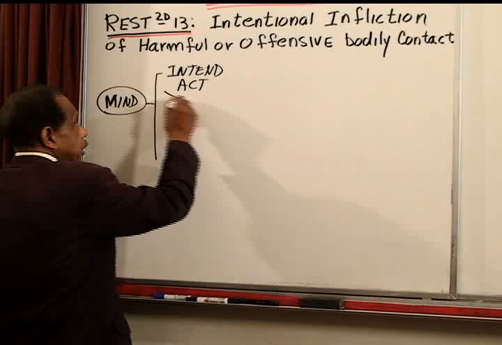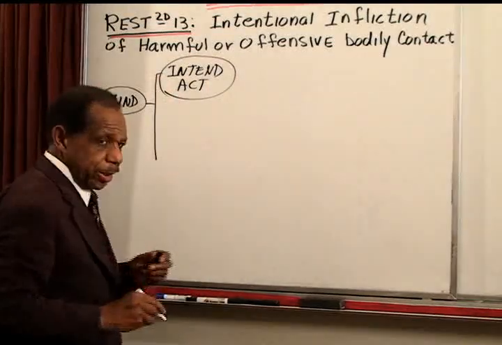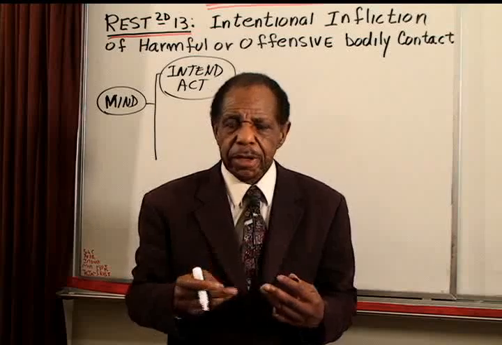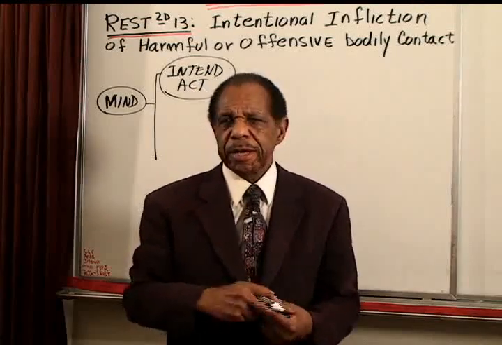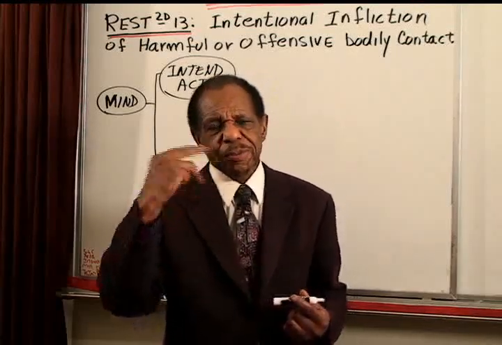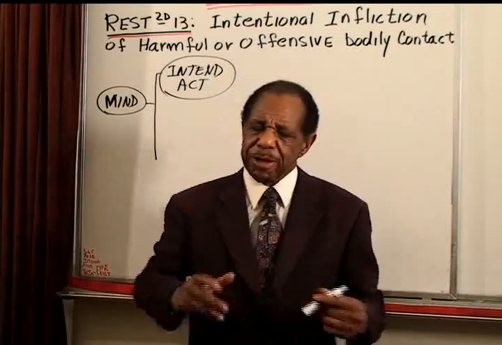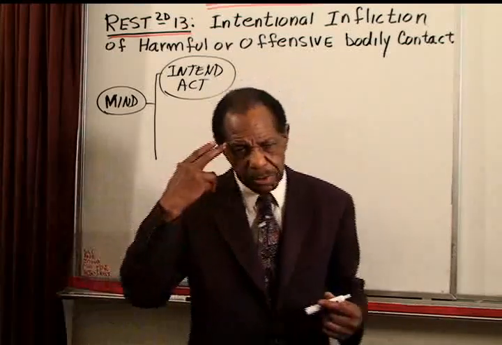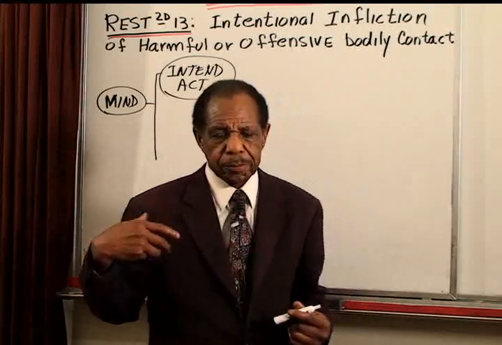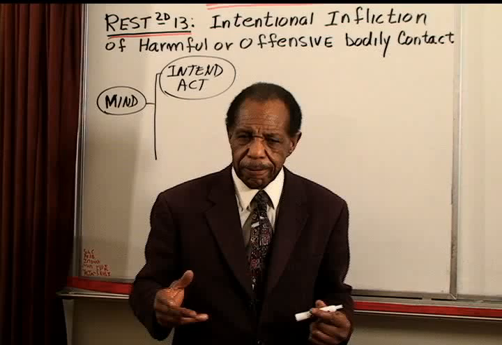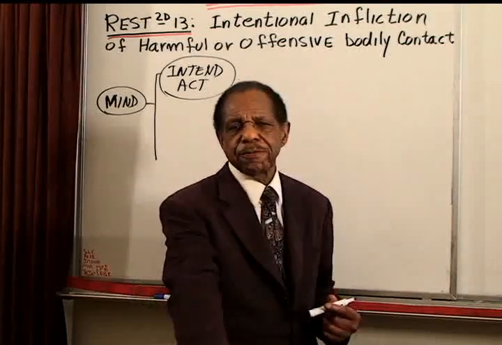Now, when I say the mind must intend to do some act, I'm distinguishing the case where there's reflexive action, such as blinking an eye when something is coming towards your eye, as opposed to a voluntary activity where your brain says to your muscle, do something. A person is falling, and they reach out to cushion their fall with their arm.